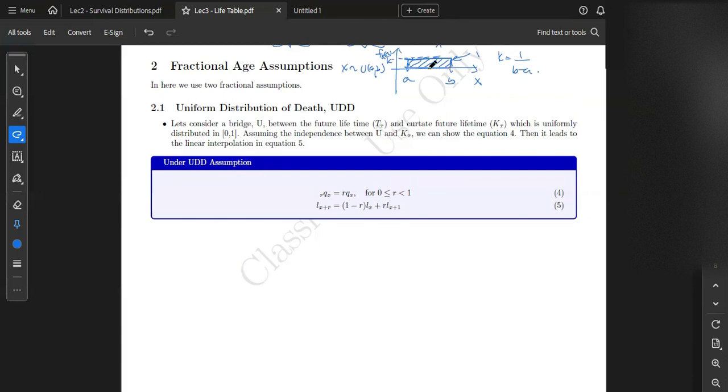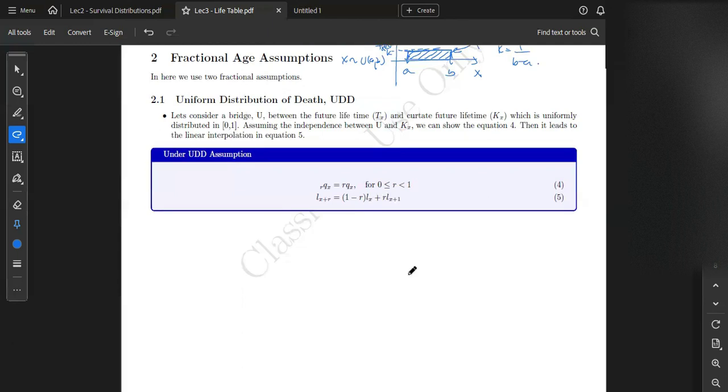That means from X to X plus 1 we consider it as a uniform part, and then X plus 1 to X plus 2 again is uniformly distributed. So for each year of time interval we have this uniform assumption. Then the area of the rectangle for a 1 year time interval is 1. So that's how it goes.